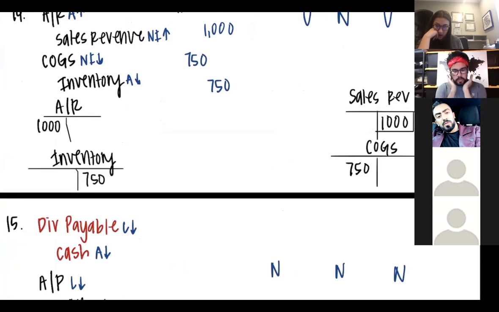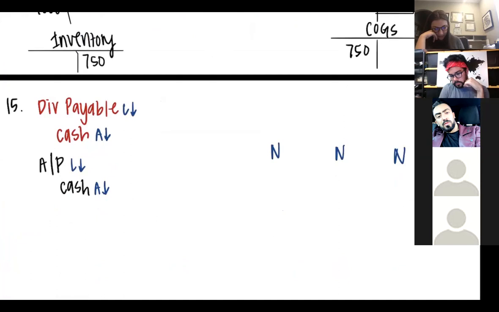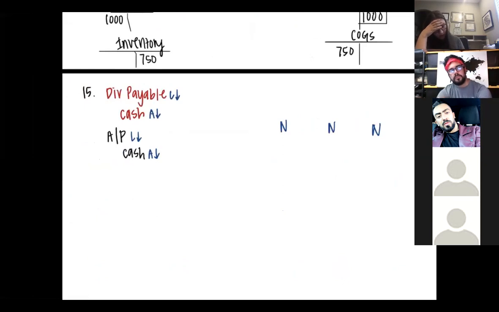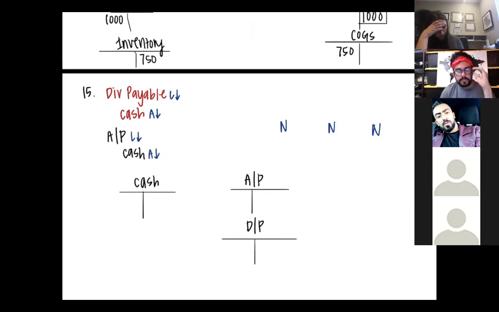Like that? Yeah. For inventory, which has a normal debit balance, you make the box on the left side. Okay, I see. So like this, we have cash, AP, and DP. Yeah, thanks.